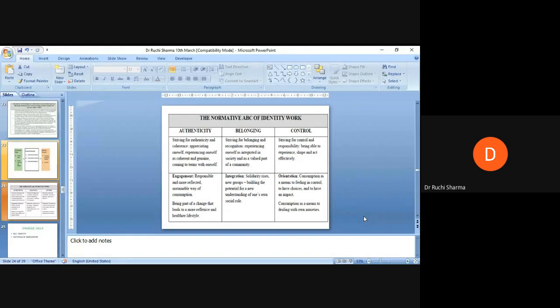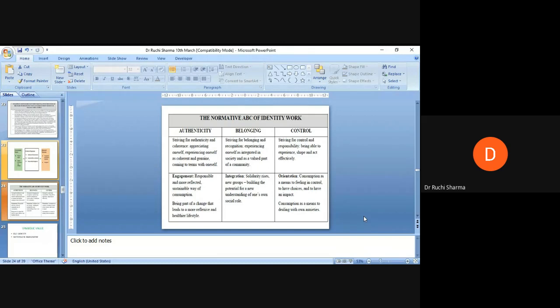So when we are talking about authenticity, we strive for authenticity and coherence, and we try to appreciate ourselves. We exhibit that yes, we are genuine and coherent, and we try to engage in a more responsible way to consume things in a sustainable way. So being part of a change that leads to a more reflexive and healthier lifestyle.